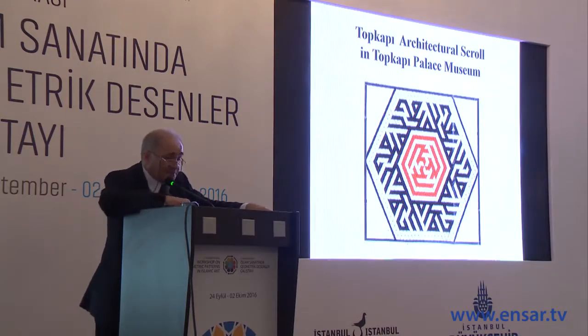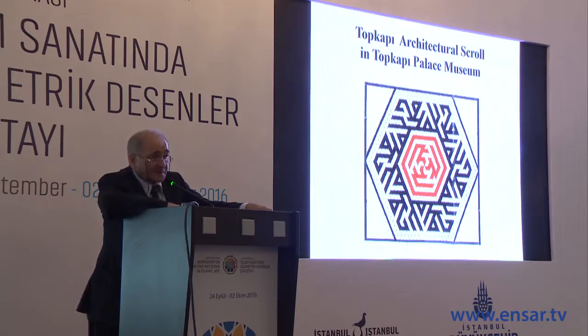I would like to use the Topkapı architectural scroll in Topkapı Palace Museum. This is an example from the scroll, the earliest known architectural scroll from the period that reflects the application of geometry in the Islamic tradition.